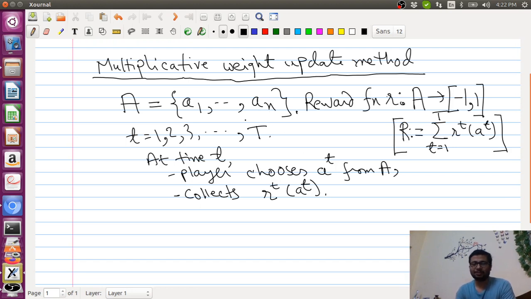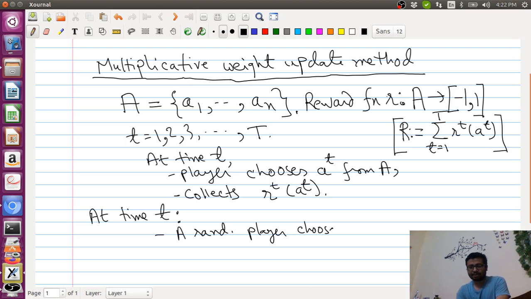A mixed strategy is a probability distribution over pure strategies, or in other words, n real numbers p1 through pn, all non-negative, which add up to 1. So a randomized player at time t chooses a probability distribution p1 through pn.